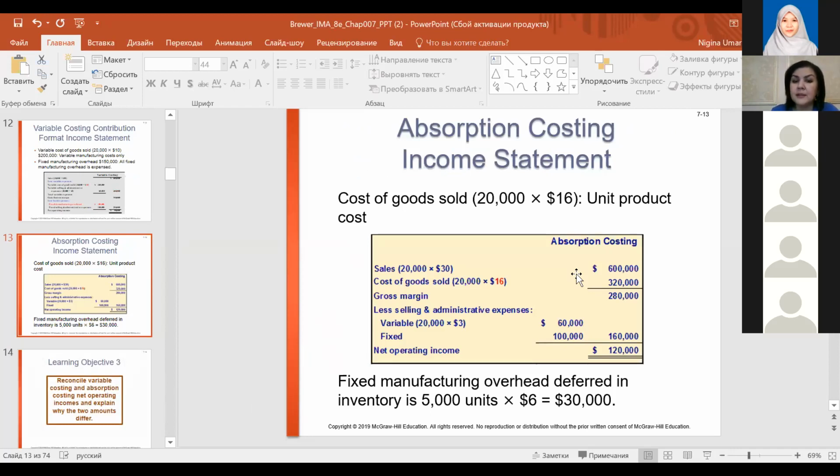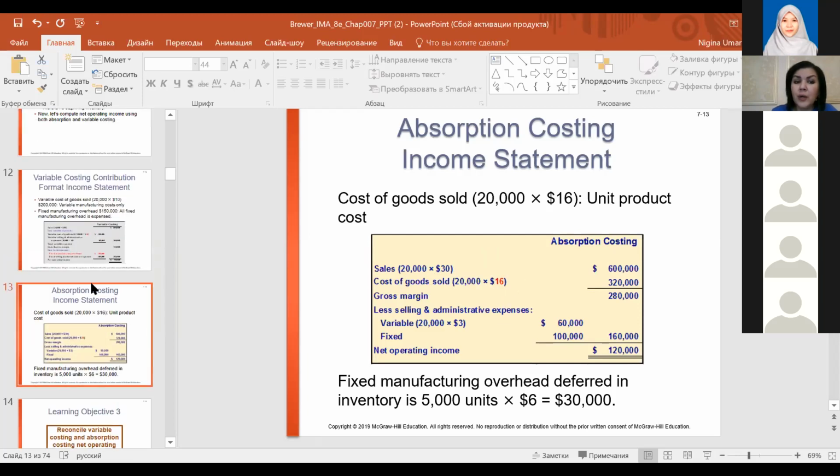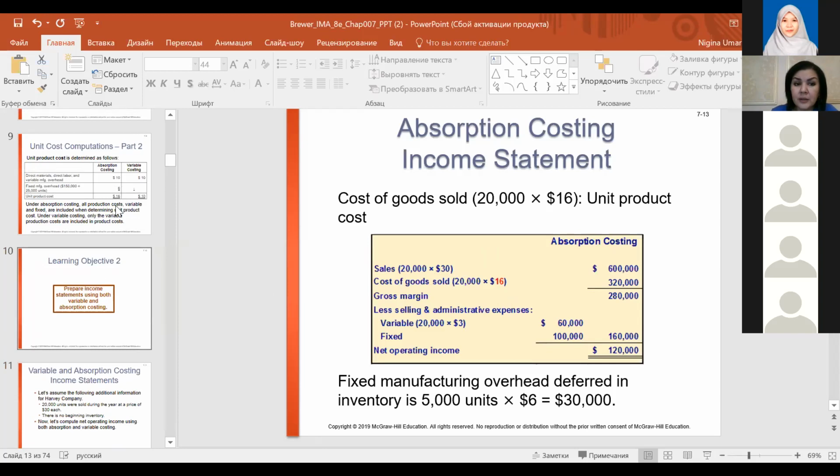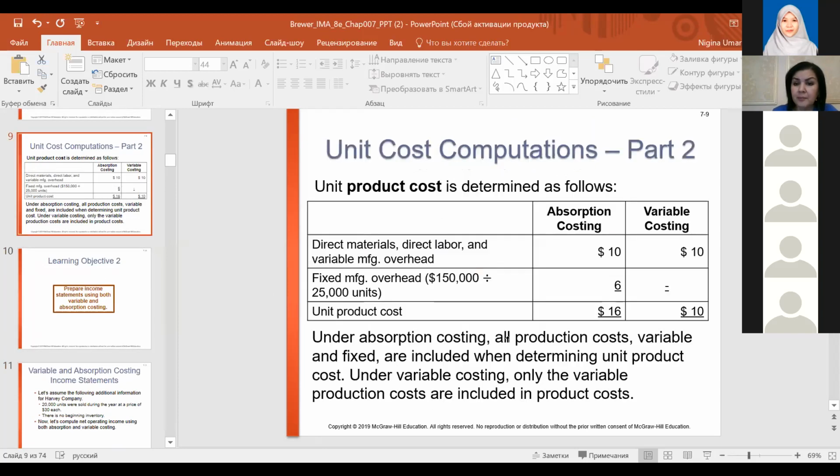Our sales revenue is the same, $600,000. Cost of goods sold is different. How many units did the company sell? 20,000. We multiply now not by 10, but by $16. Why $16? Let's go back to this table. Under absorption costing, unit product cost equals $16.